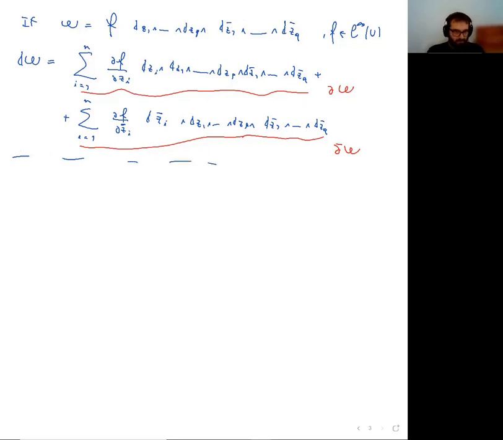And since d squared is equal to 0, this is equal to 0, and this is equal to 0.